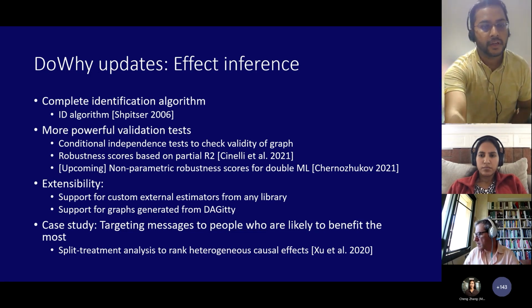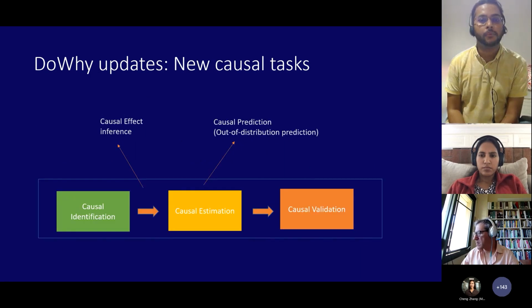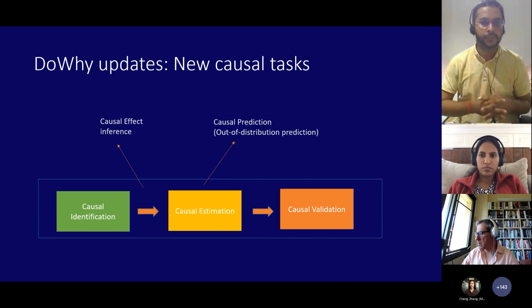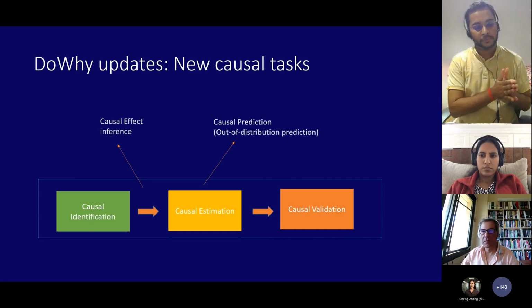Going forward, at a very high level, we are thinking about what other tasks we can enable using the same fundamental building blocks that DoWhy has built. Specifically, we have built this pipeline of identification, estimation, and validation.